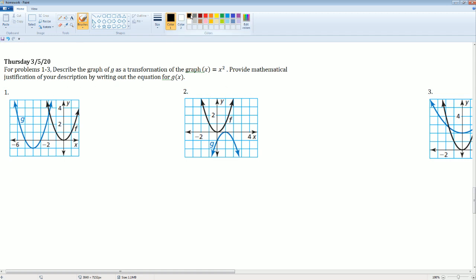Very easily, we start here at x squared, right? Then it looks like it moved, so which way did it go? It went 1, 2, 3, 4. And it looks like it went down 1.